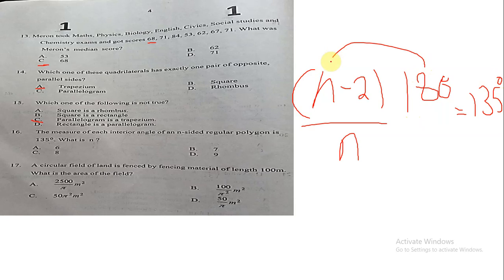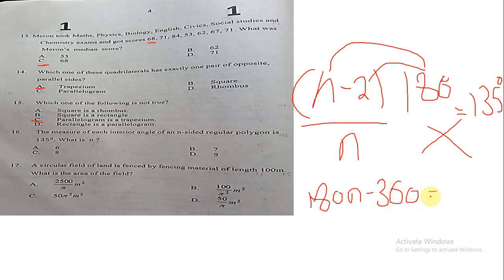Then 180 times n and times 2, then crisscross together, it will be 180n minus 360 is equal to 135 degree times n.